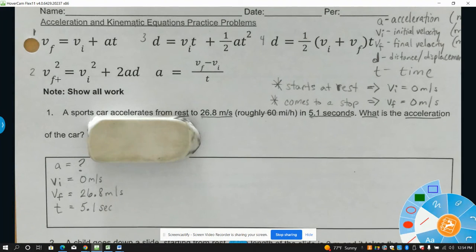So if we took a look, all right, we have VF, time, VI, and acceleration. Here we have no time, so we can't use this one. We have time, we have acceleration, we have VI, there's no VF, so we can't use this one. We have a VI, VF, and a T, but there's no acceleration, so we can't use that one. We're left here with the one that I labeled equation 1.